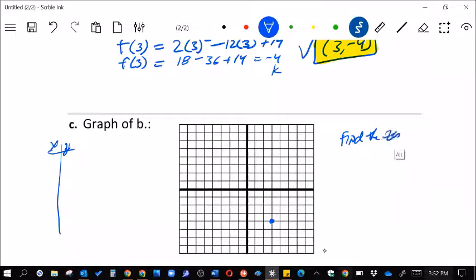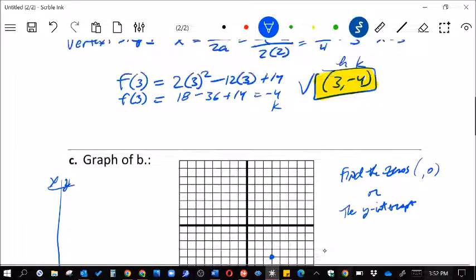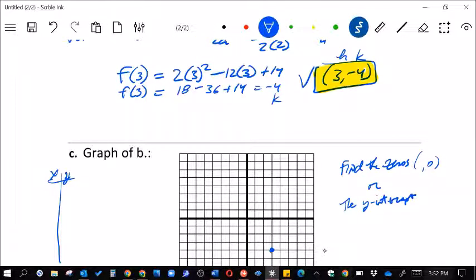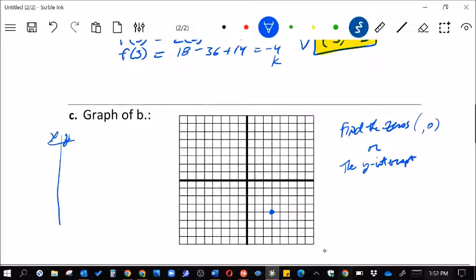You can find the zeros when y is 0, or the y-intercept. The y-intercept one could be easier here, because for the y-intercept, that's when x is 0.